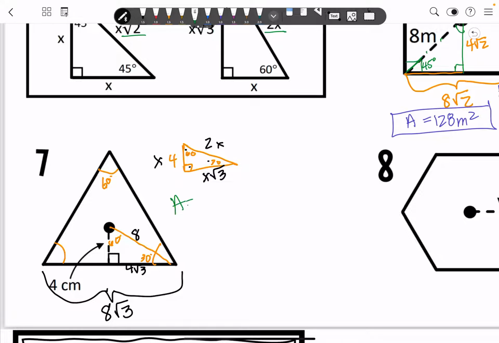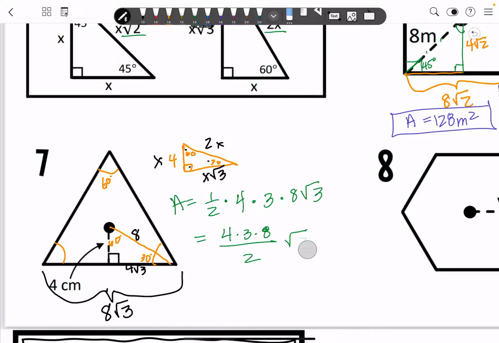I get A is equal to 1/2 times my apothem of 4 times the number of sides times my actual side length, which is 8 square roots of 3. I'm going to multiply all of my integers. 4 times 3 times 8 all over 2.